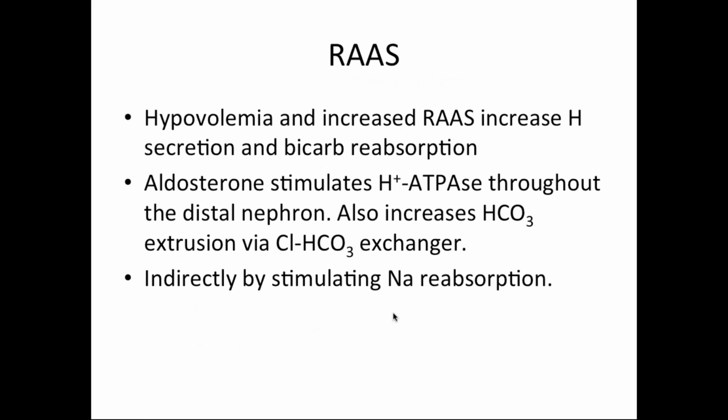Now the other thing that can regulate acid base is the renin-angiotensin-aldosterone system. In the setting of hypovolemia, your RAAS can increase, and that can lead to an increase in H plus secretion and bicarb reabsorption. Aldosterone also stimulates the hydrogen ATPase in the distal nephron, and also increases the bicarb extrusion via the chloride bicarb exchanger.